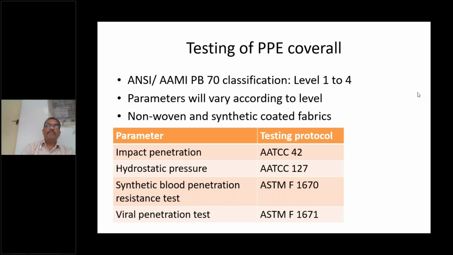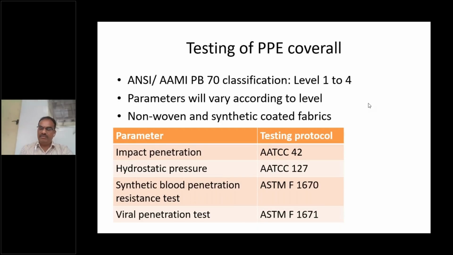The first test is impact penetration, which is the strength of the material on impact. The second is hydrostatic pressure. In hydrostatic pressure testing, there is an instrument where the fabric is kept and pressure is applied. They will notice 3 droplets.